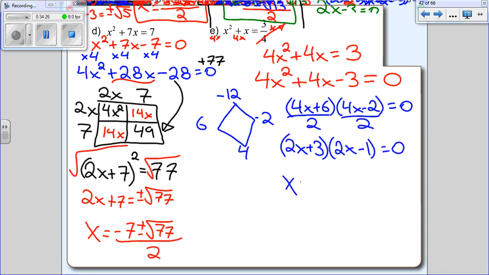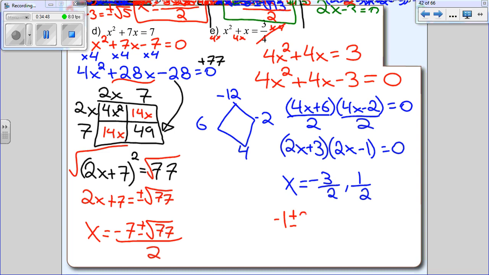You might have got this using box method. You might have got negative 1 plus or minus 2 divided by 2. Correct? Yeah. So you might have got that as your answer. Notice that there's no radical in that answer.